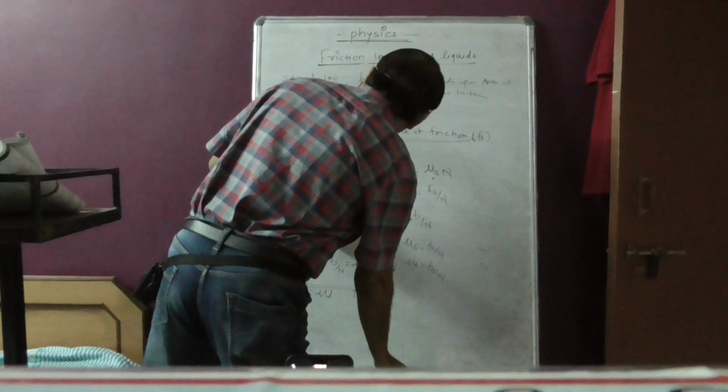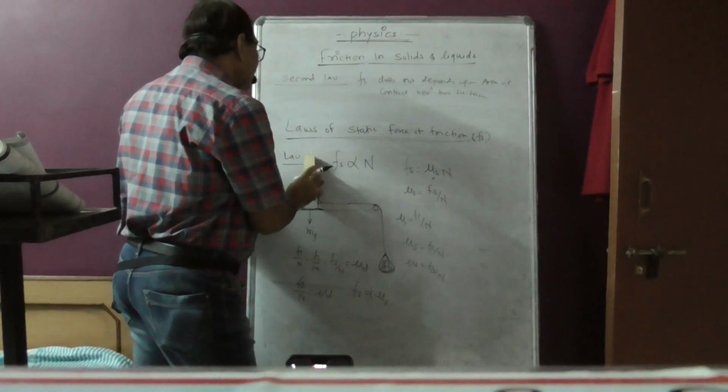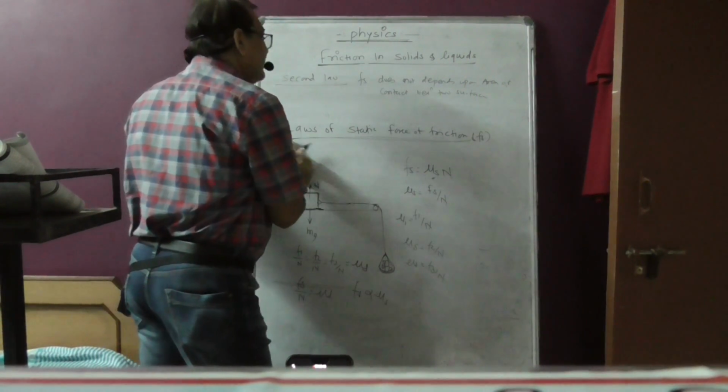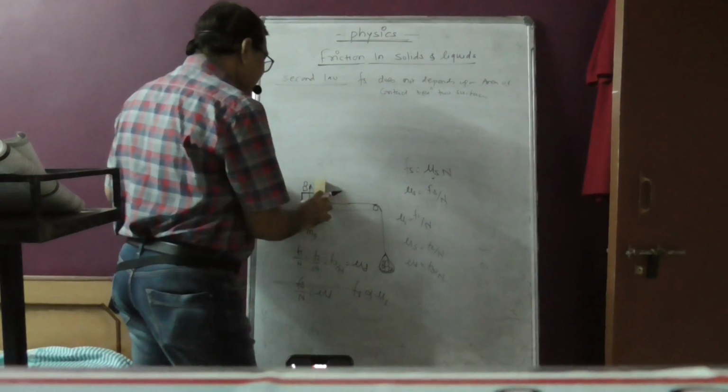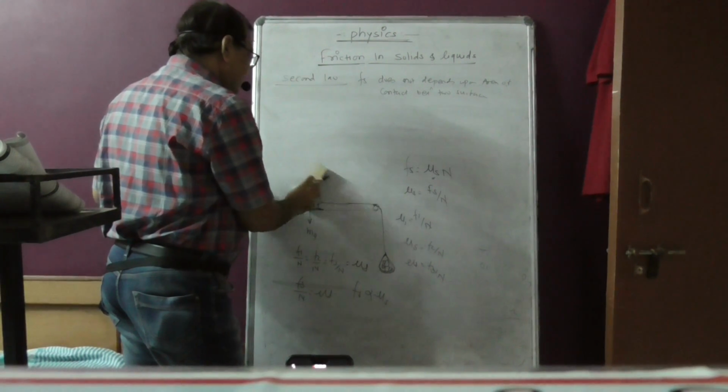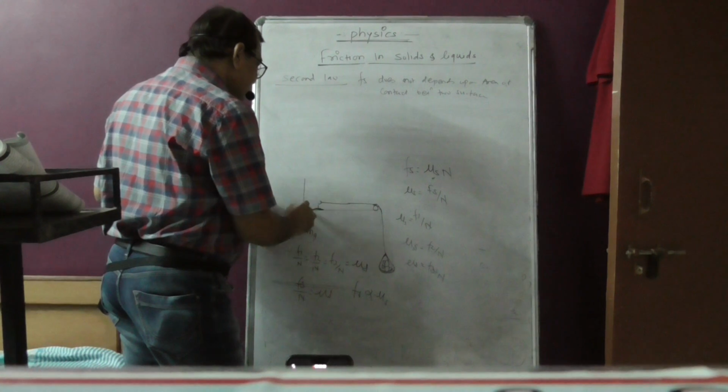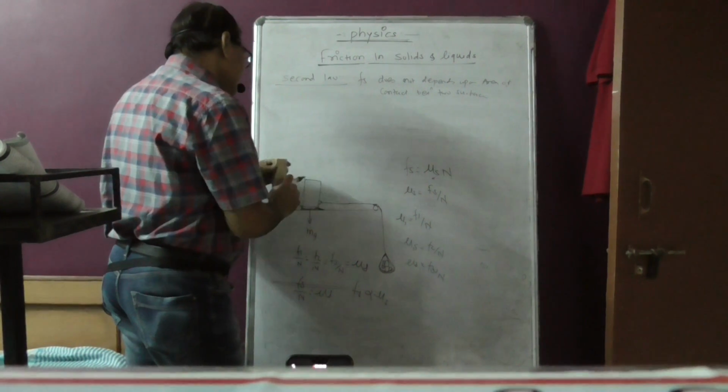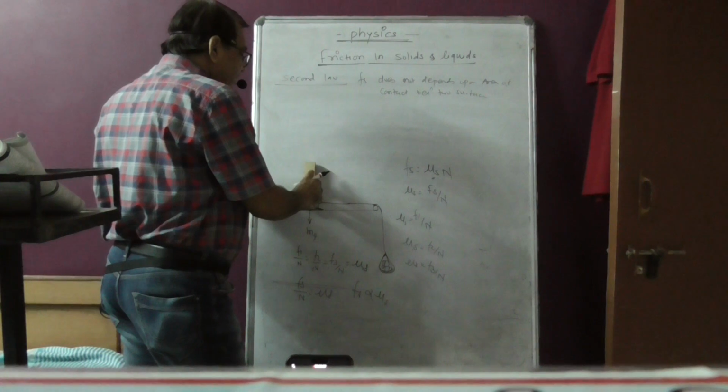Sir, what exactly does that mean? Suppose you see here, in the second law, what is the law telling? Instead of keeping this body like this, I will keep the body here like this.